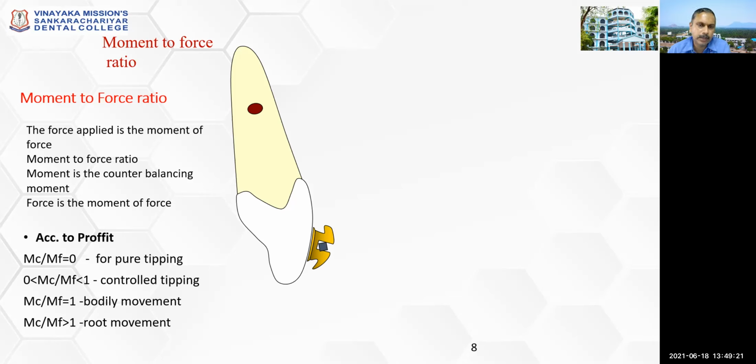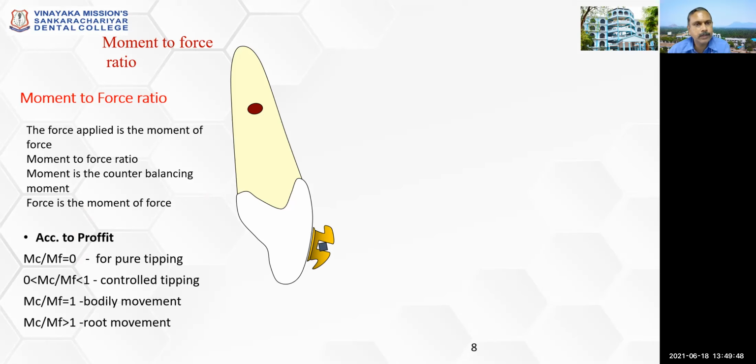Whether it is a moment of force or a counterbalancing moment, that will create a rotation. But you should understand when a moment of force is applied, the tooth will try to tip. Whereas a counterbalancing moment, when it is applied, will try to balance that rotation. That rotation will not cause an uncontrolled movement. There should be a control from the operator or the orthodontist.